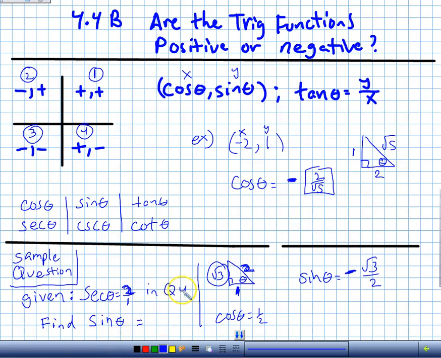It's in quadrant number 4, and sine is negative in that quadrant. Now the only thing that remains is to find the fraction for sine, and for that you do have to do the little right triangle, label it, and figure out sine. It's radical 3 over 2, but remember that it's in the 4th quadrant, so it's negative. And so this is my final answer. And that is it.